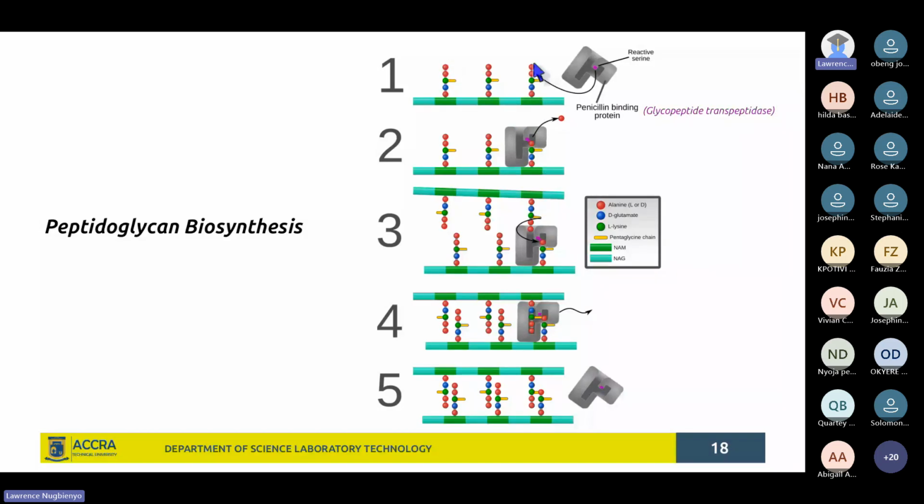So those are pentapeptides. But the first thing is that one of the amino acids is removed. Alanine is cleaved off. So that's part of the peptide that binds into the short groove.